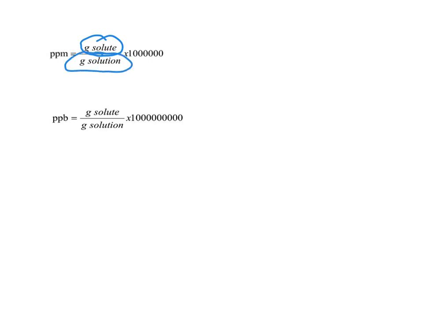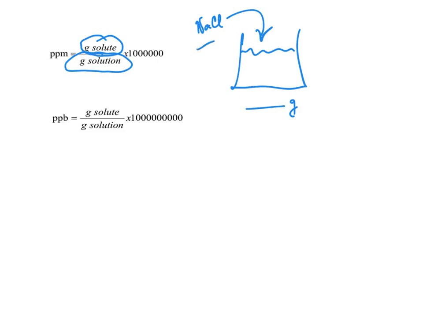For example, if I had a solution that was made by taking so many grams of NaCl and putting it in here, and then I end up with a solution that has so many grams, then I would take the grams of the solute divided by the grams of the solution, and then times a million, it turns it into parts per million.